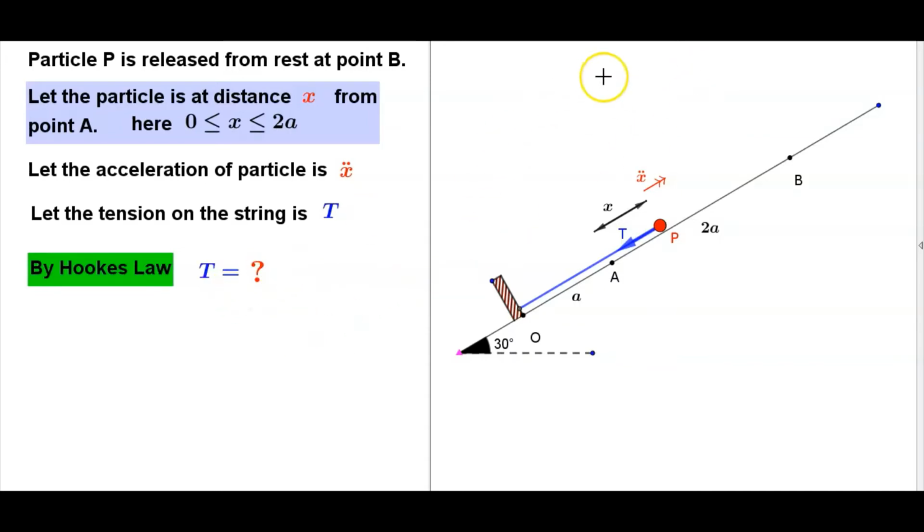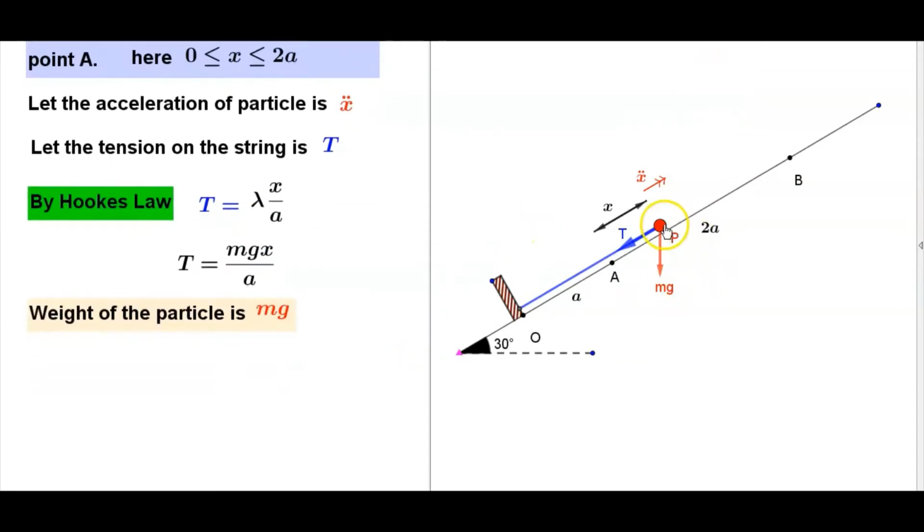So T is equal to lambda, modulus of elasticity, into extension over natural length. Extension x, natural length of string is a. Therefore, T is equal to lambda x over a. But we are given lambda is equal to mg. Therefore, T is equal to mg x over a.